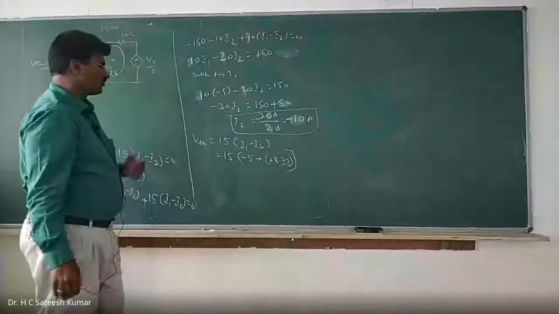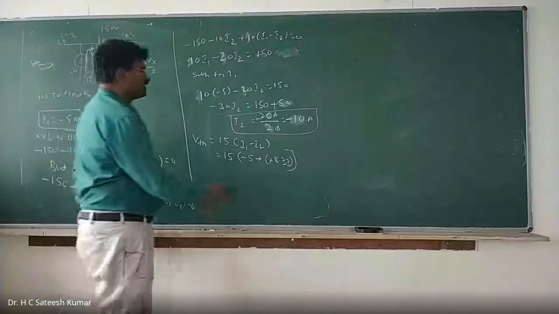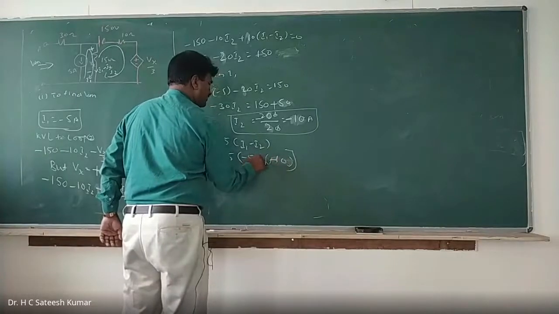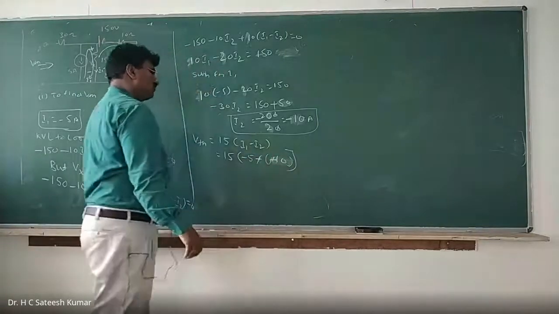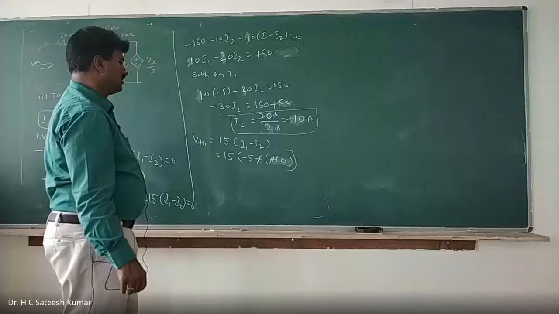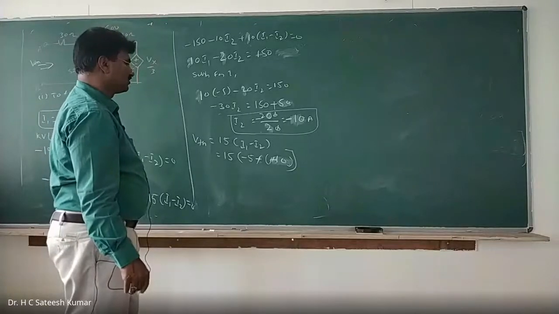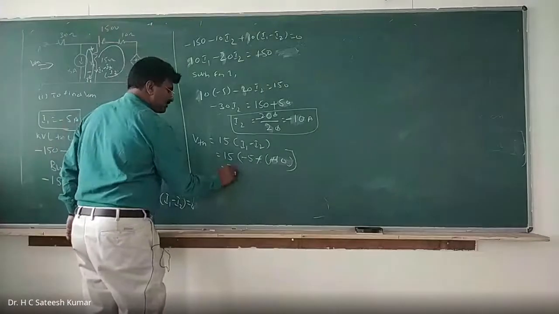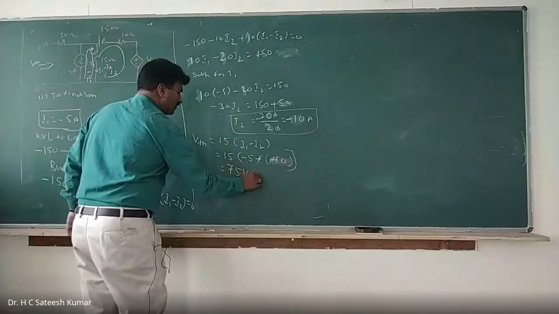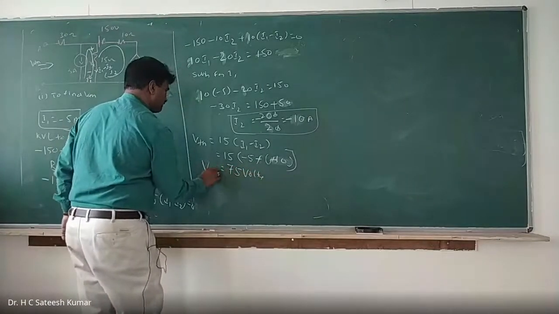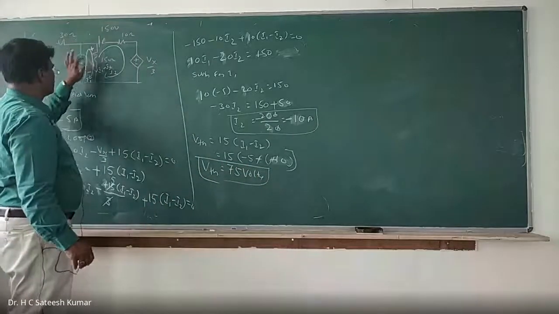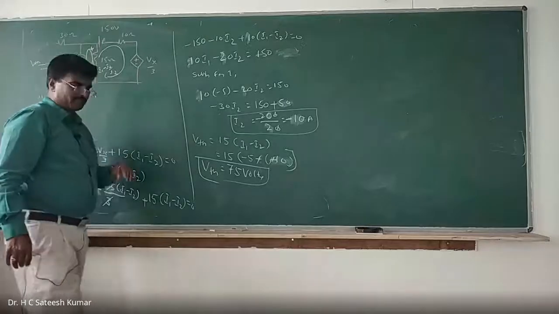So I1 minus I2, where I2 is minus 10, this minus gets cancelled, and you will get 10. So 10 minus 5 is 5. 5 into 15 is 75, so 75 volts is VTH. The mistake was this one: current from higher potential to lower potential is in the correct direction, therefore we should take plus.